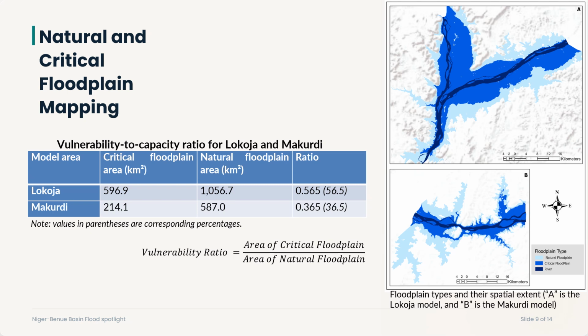This suggests that Makurdi retains a higher relative residual capacity to absorb flood water before reaching the limit of its natural floodplain, whereas Lokoja faces a much greater degree of flood risk spread across its landscape.